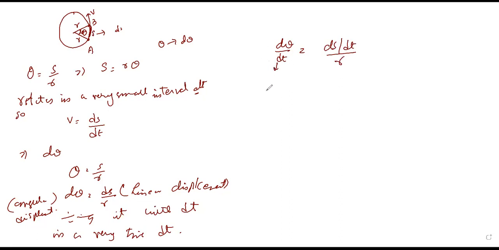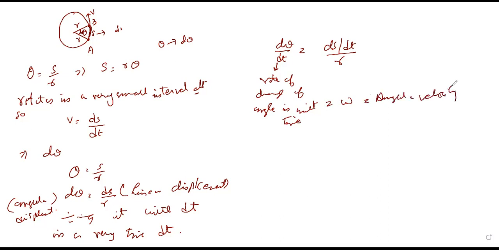This gives us the rate of change of angle in unit time, also called omega, which is angular velocity, meaning the angle rotated by radius r in unit time dt.